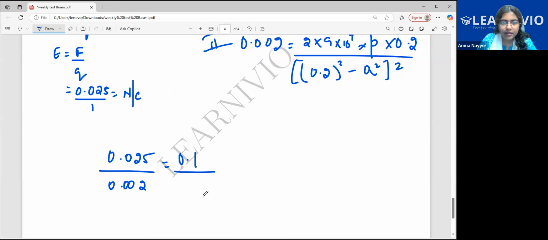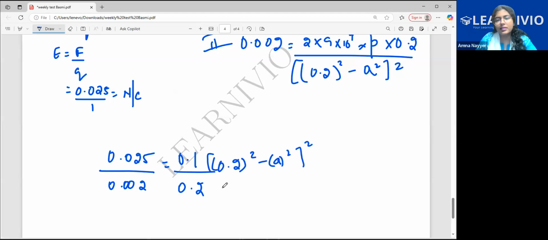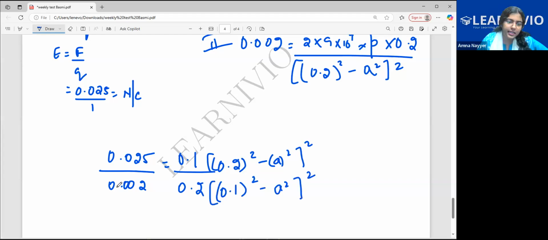And the denominator: 0.1's denominator will be here and 0.2's denominator will go up. This was 0.1 whole square minus A square to the power whole square. This is given. So zeros get cancelled, this gets multiplied by 50.